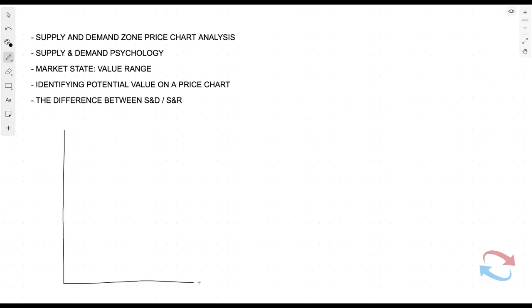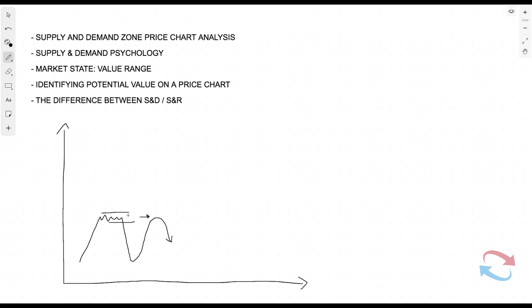What's commonly taught, if you've done any kind of supply and demand trading, is you're looking for patterns where you see a rally, you see a base, then you see a drop, then you're waiting for price to come back up to this base area, right? Because you saw demand, then loads of supply pushing price down, and there should be supply in the future when price comes back up to this zone.